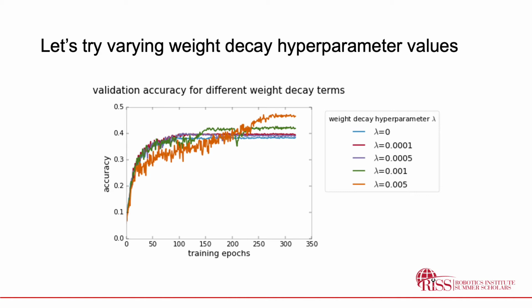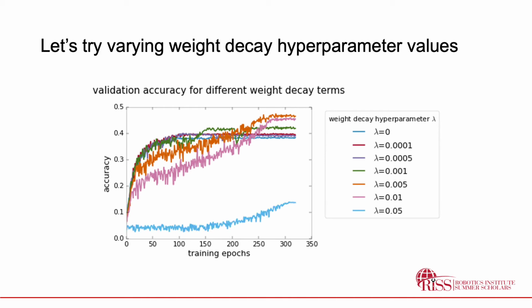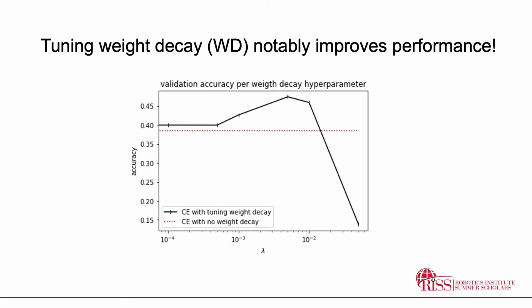And here we have a notable increase. Then, when we increase it further, the validation accuracy decreases. So we were at the peak. From here, we note that tuning weight decay notably improves the performance. It raises the performance from 38% to 46%.